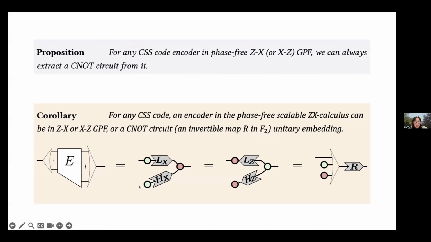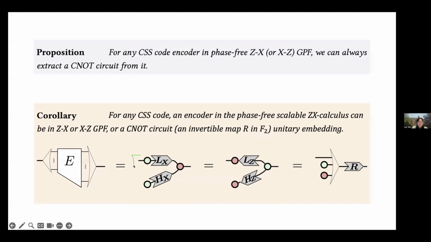After extracting the CNOT circuit, oh, I should have said this earlier. In addition to these two normal forms, if you write them in scalable ZX calculus, they have this form where these biadjacencies are precisely condensed into these matrix arrows. So instead of one thin wire for one qubit, you can have thick wires.